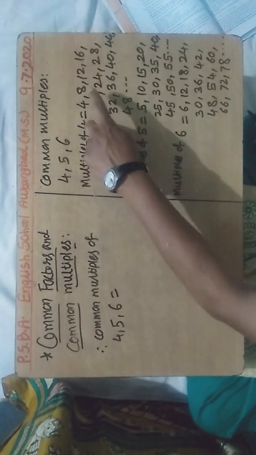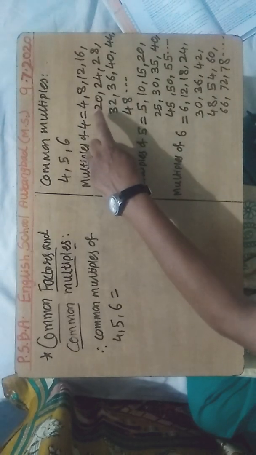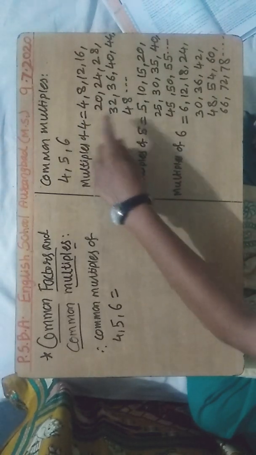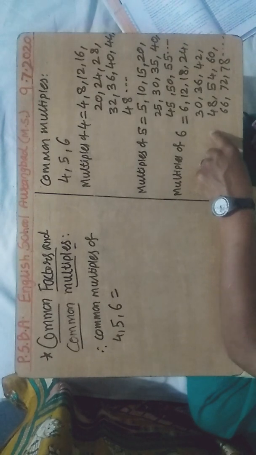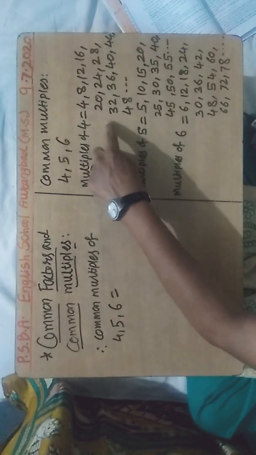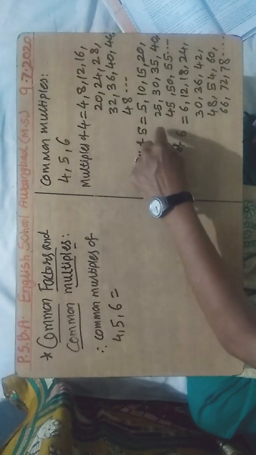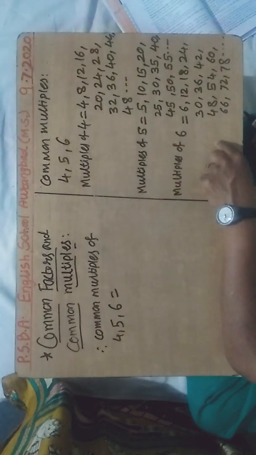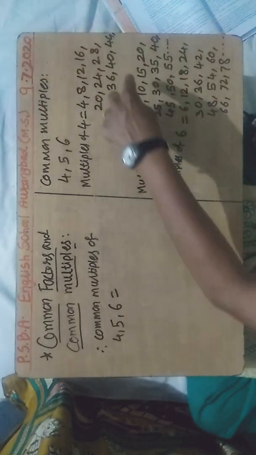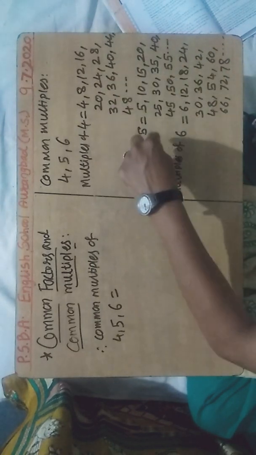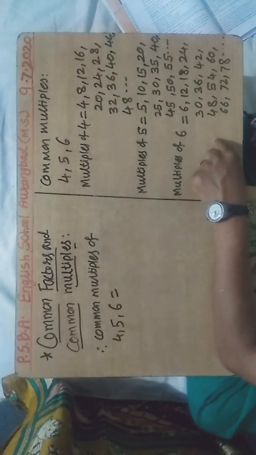Okay. After that, which number will come? If we will see, here is 20, here is 20, but 20 is not here. Right? Now, if you will see 30, here is not 30, here is 30 and here is also 30. Right? After that, 40 is here, 40 is here, but 40 is not here.